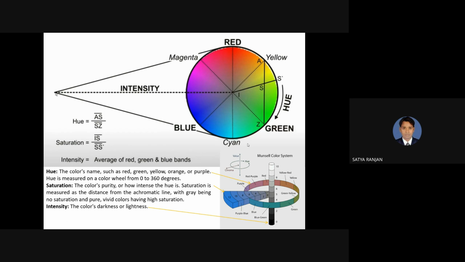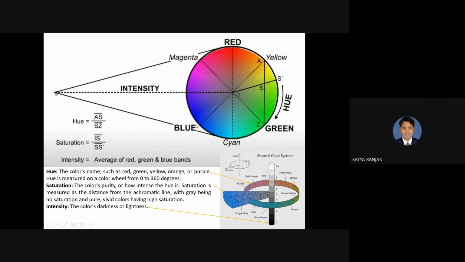We can get the specific identification of the object. So here the opposite of the red is the cyan, the opposite of the blue is the yellow, and the opposite of the green is the magenta.